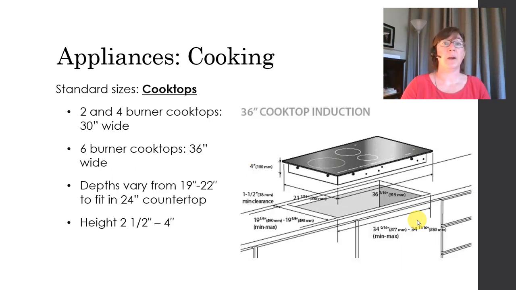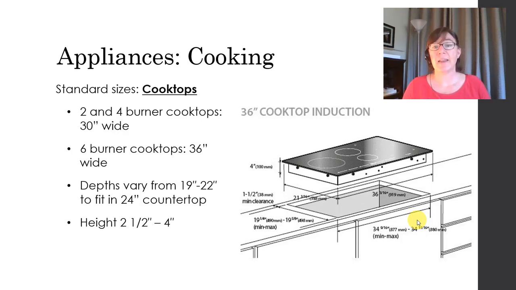Cooktop sizes are going to vary more than the oven and range sizes. You can have a 2-burner, 4-burner, 6-burner or more cooktop. Okay, so that could be 30 inches wide, 36 inches wide, etc. All right, widths vary. The depths are going to fit within your 24-inch countertops, so they're going to be in the 19 to 22-inch range.